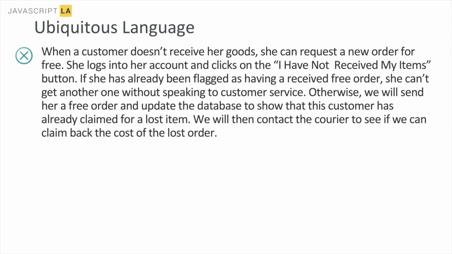To give an example, somebody posted this. You might have a general user story like, when a customer doesn't get her stuff, then she can click on the "I didn't get my things" button, and then it's flagged for free order. And if she hasn't, she has to talk to someone in customer success. And if she didn't have one already, then she can get a new item, whatever, right?